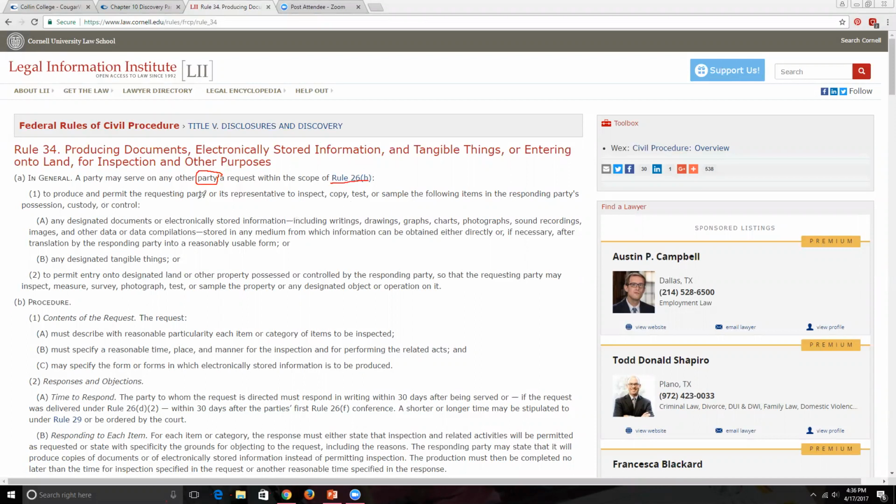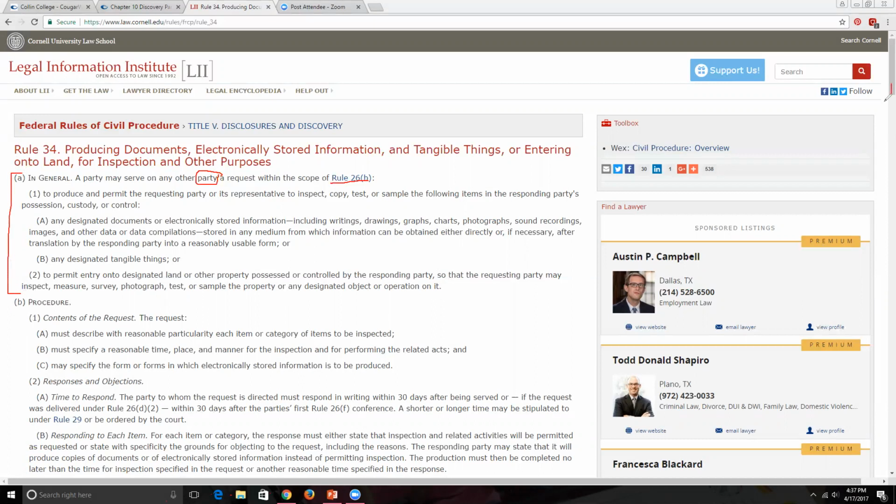To produce and permit the requesting party or its representative to inspect, copy, test, or sample the following items: documents or ESI, or tangible stuff, or to permit entry onto designated land or other property possessed or controlled by the responding party, so the requesting party may inspect, measure, survey, photograph, test, or sample the property or any designated object or operation on it. Okay, so this tells us what we have when we're requesting discovery from a party.